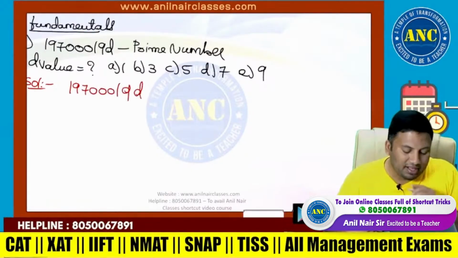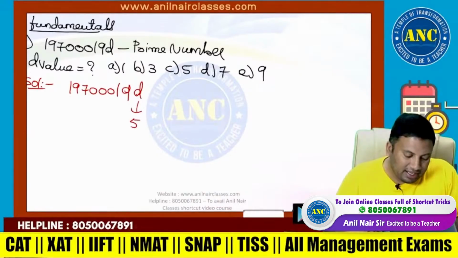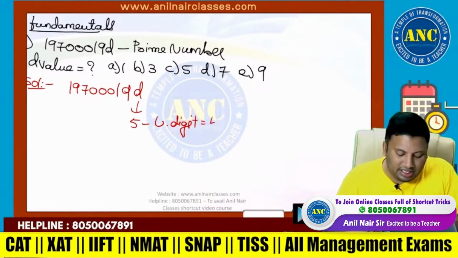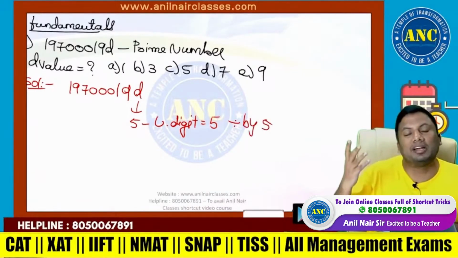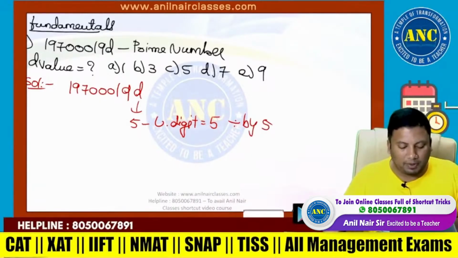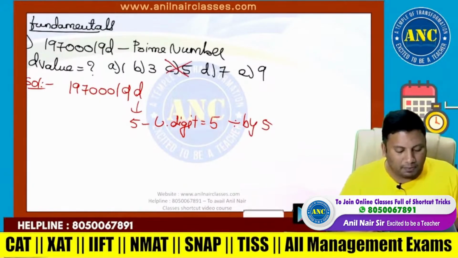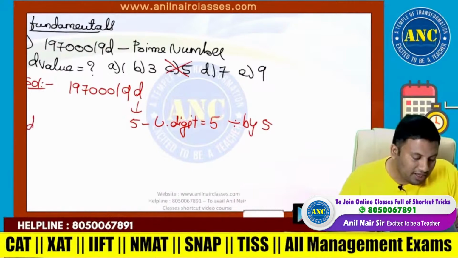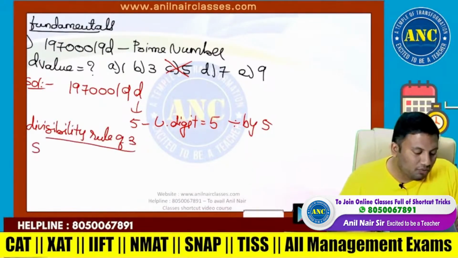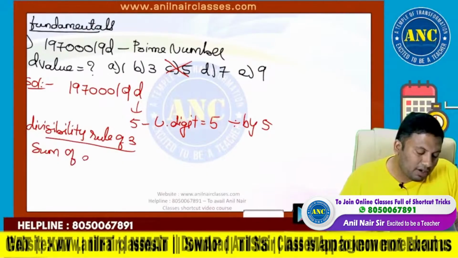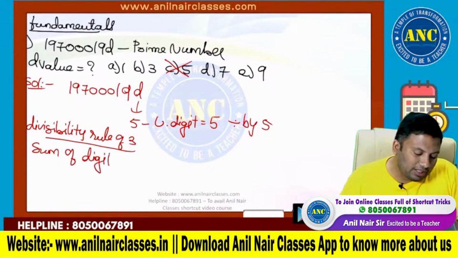If D is 5, if the unit digit is 5, the answer will be divisible by 5. Any number divisible by 5 becomes a multiple of 5, so it is a composite number. It is out. Next, the divisibility rule of 3, which is nothing but the sum of the digits should be divisible by 3.